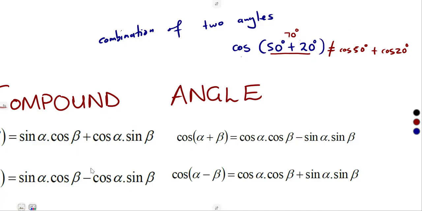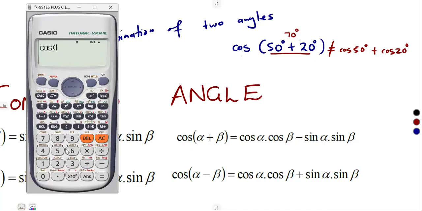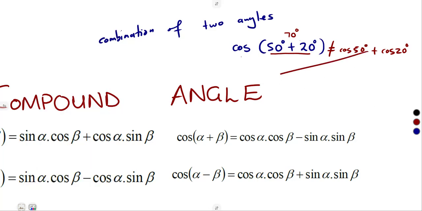If you take cos 50 degrees and add the cos of 20 degrees, you get 1.58, which is totally different from what we obtained before when it was cos 70, or cos of 50 plus 20 degrees in the bracket as it is given here. This is totally different.